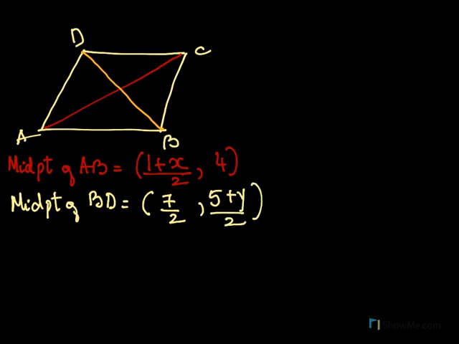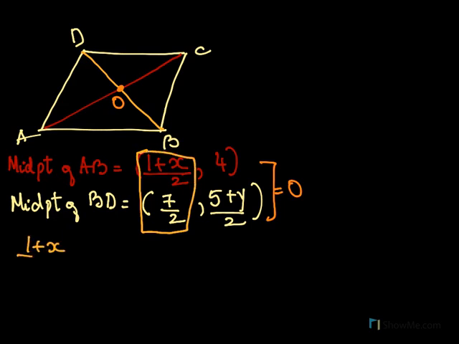But we know both these midpoints are the same. Both are this point O. So I can say now that these two are equal. The x coordinate of this is equal to this, because this is one and the same point. So I can say (1 plus x) over 2 equal to 7 by 2.